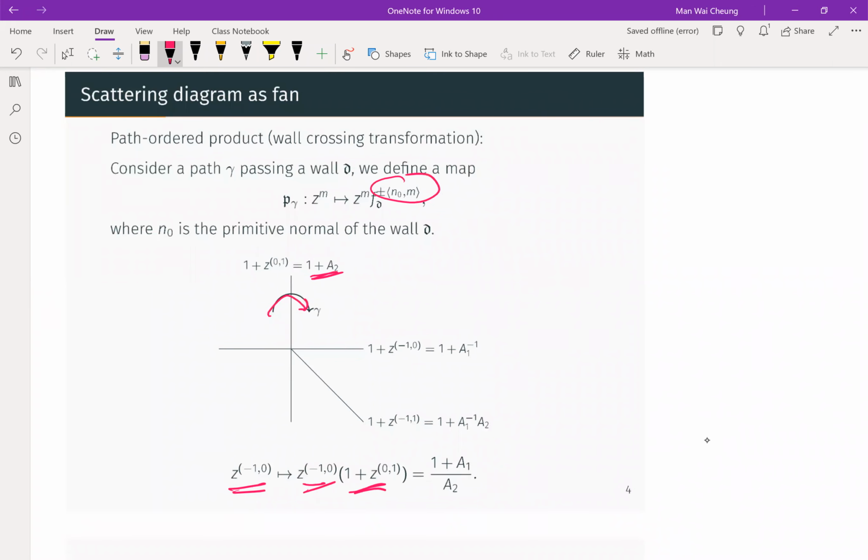How do I do it? I fix this m, so it's (-1, 0) here. And then this n0, I choose the normal vector opposite to how I cross my wall. So it's again (-1, 0). So you can see I got a 1 here, which when we spell it out, is something like this.